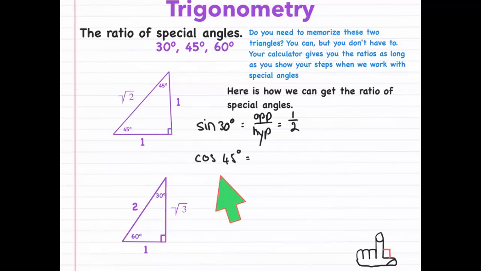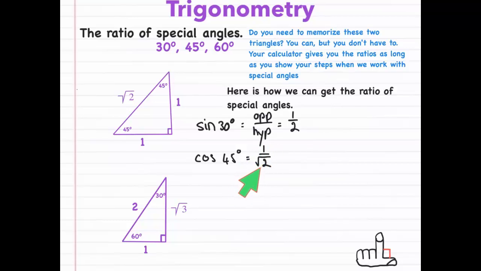In previous years, we had to memorize this triangle, and then we look from this side because we want the cosine, or from that side it will end up the same answer. So this is my hypotenuse, this is my adjacent, so we will end up with 1 over the square root of 2, because the cosine is my adjacent over my hypotenuse.